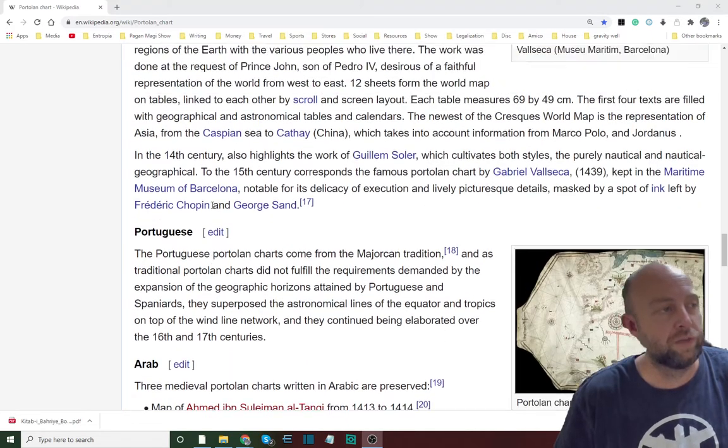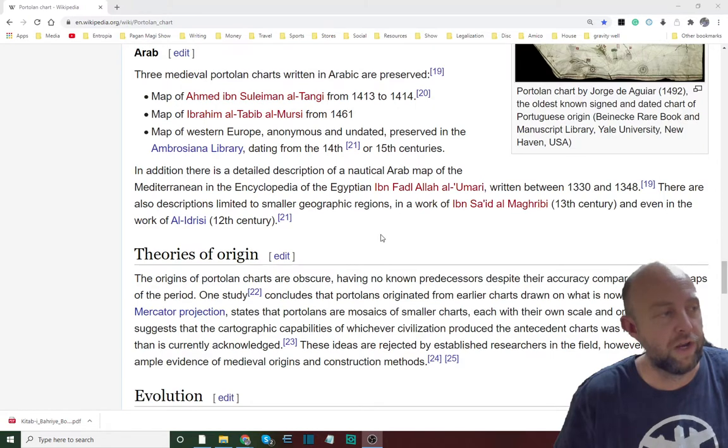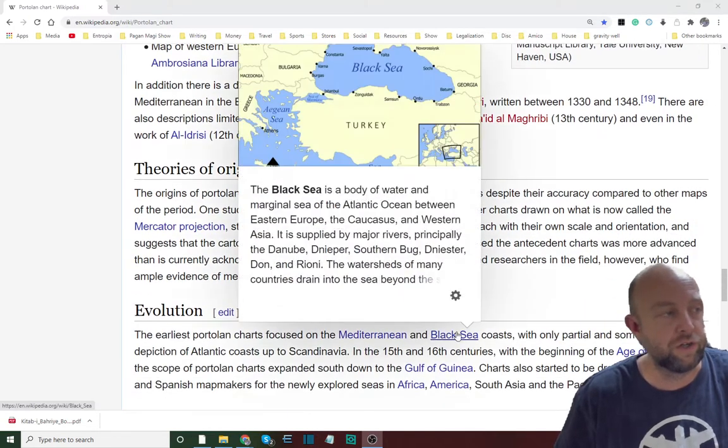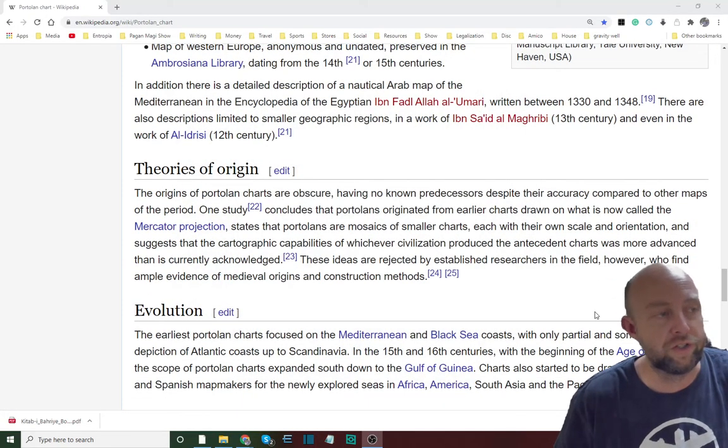So here we have some of them used by the Portuguese, by the Arabs, and the theories of origin. The origin of Portolan charts is obscure, having no predecessors despite their accuracy compared to other maps of the period. One study concluded that Portolans originated from earlier charts drawn in what is now called the Mercator projection.